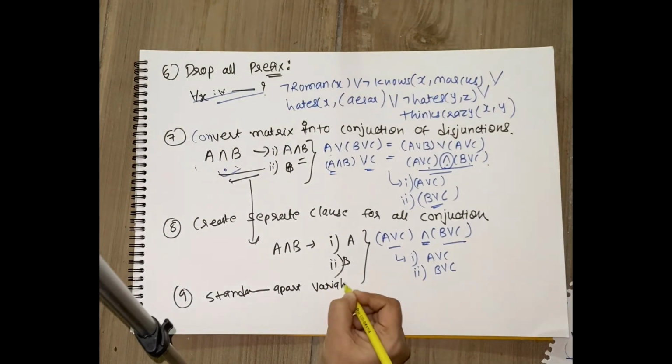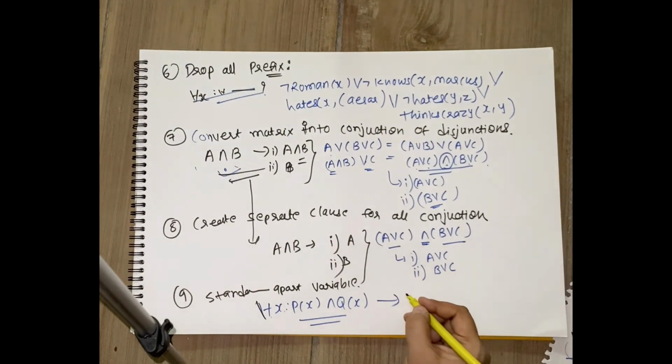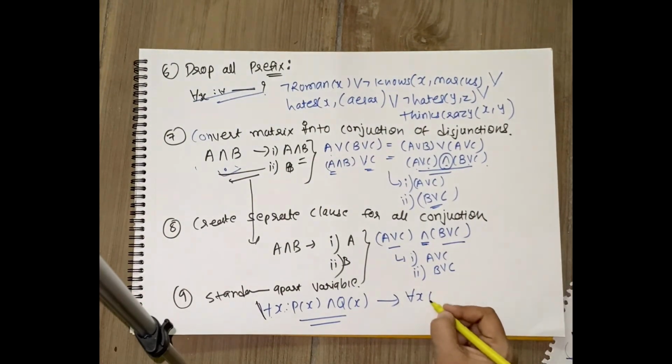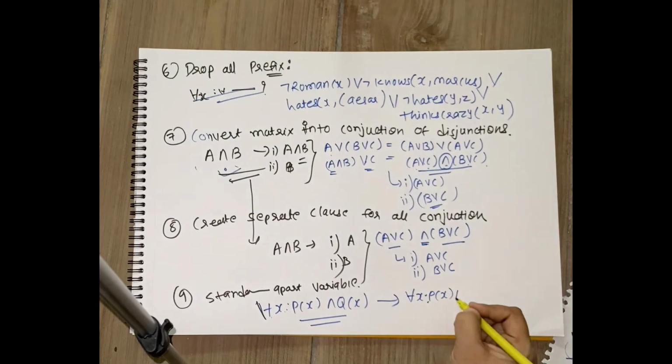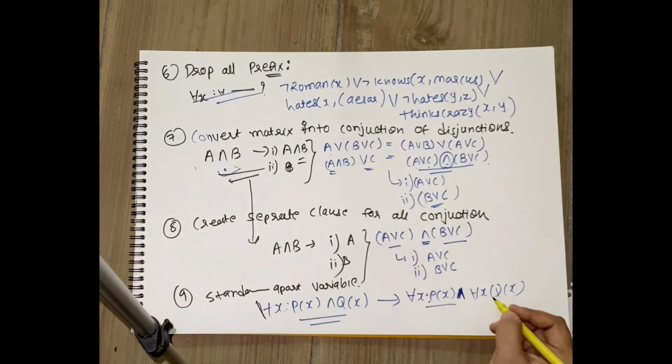Once again, standardize apart the variables means when you have something like for all x, px and qx, then separate the quantifier for both predicates and write it as for all x, px and for all x, qx, so that later these can be separated because you have conjunction between them.